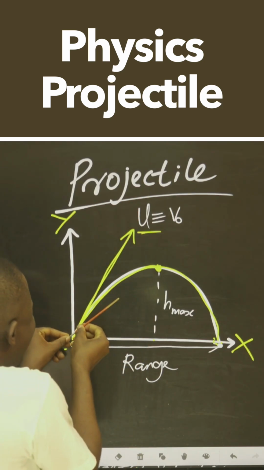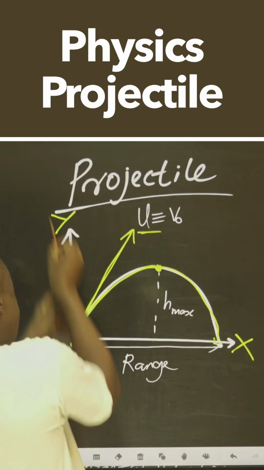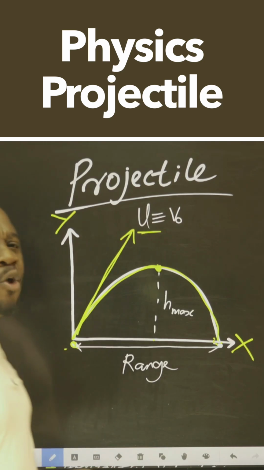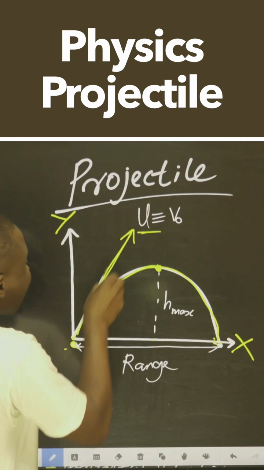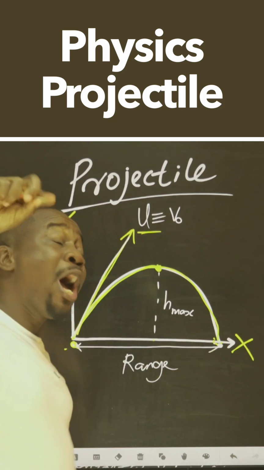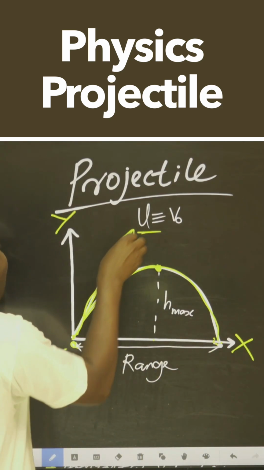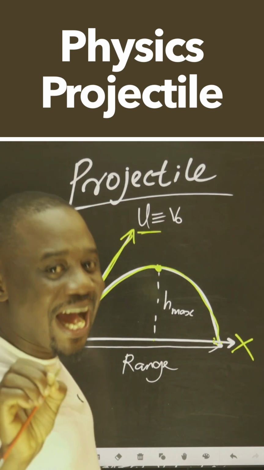But we need to get the exact equivalence of this in the vertical direction and in the horizontal direction. After we get the component in this direction, we are going to call it horizontal velocity, while the component in this direction, we are going to call vertical velocity.